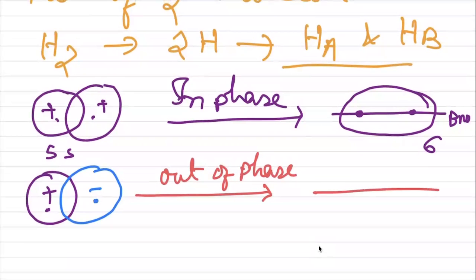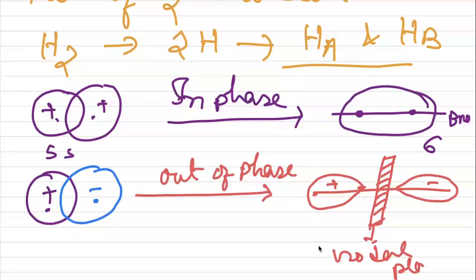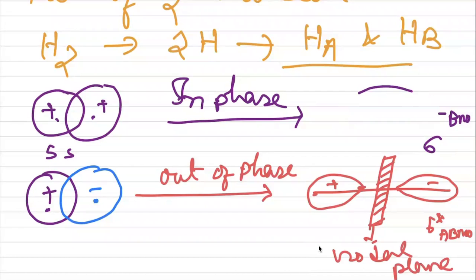See, this will be positive, this will be negative, and this will be the nodal plane where possibility of finding electron is negligible. This is nodal plane. So these are anti-bonding MO, ABMO.